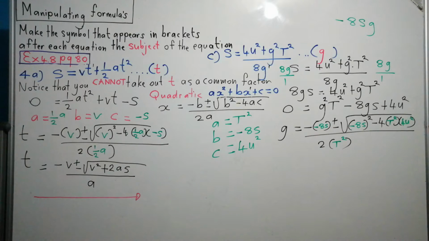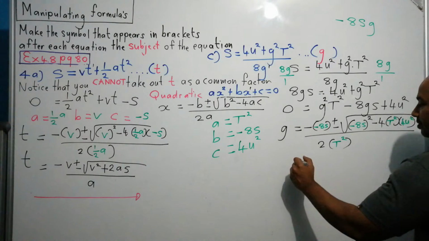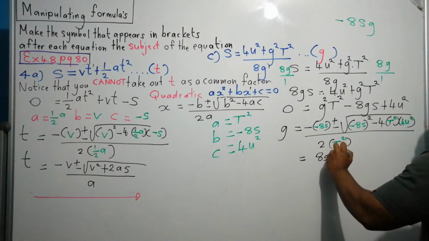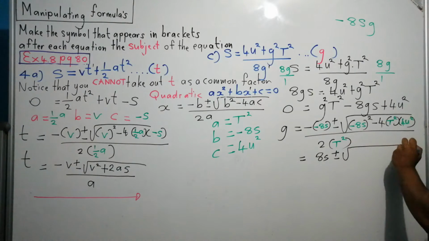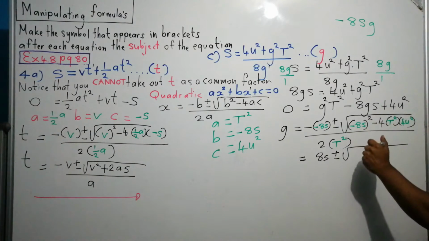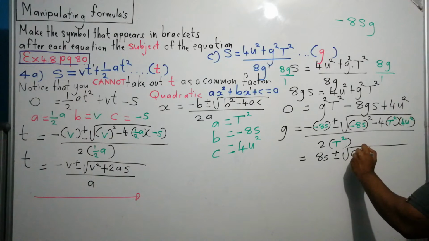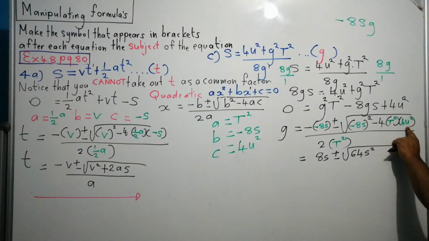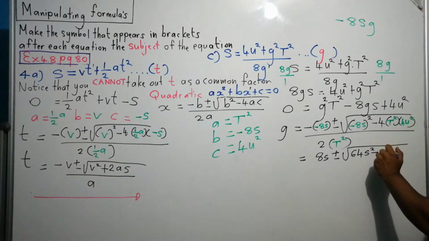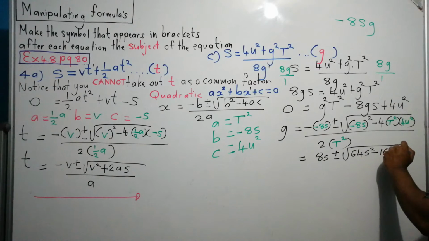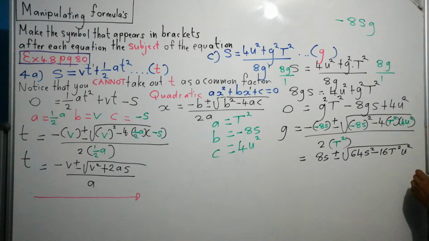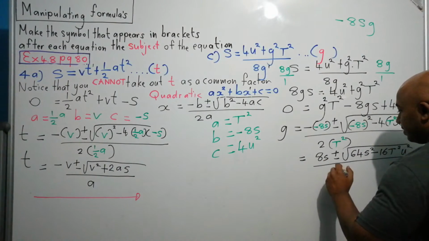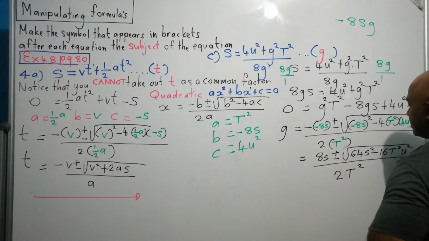Alright, so now let's simplify this here further. Negative times negative, that's going to be a positive 8s, plus or minus the square root of, I've got a negative squared, which will be positive 8 squared, that will be 64s squared, negative times a positive, that will be minus 4 times 4 is 16t squared u squared, all divided by 2t squared.